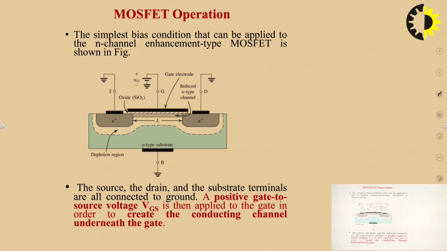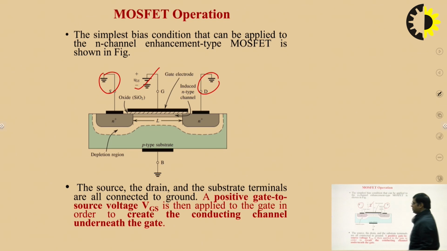Okay, here we can see if the drain and source are kept at the same potential, say ground, and we have applied some positive gate voltage, then what happens?